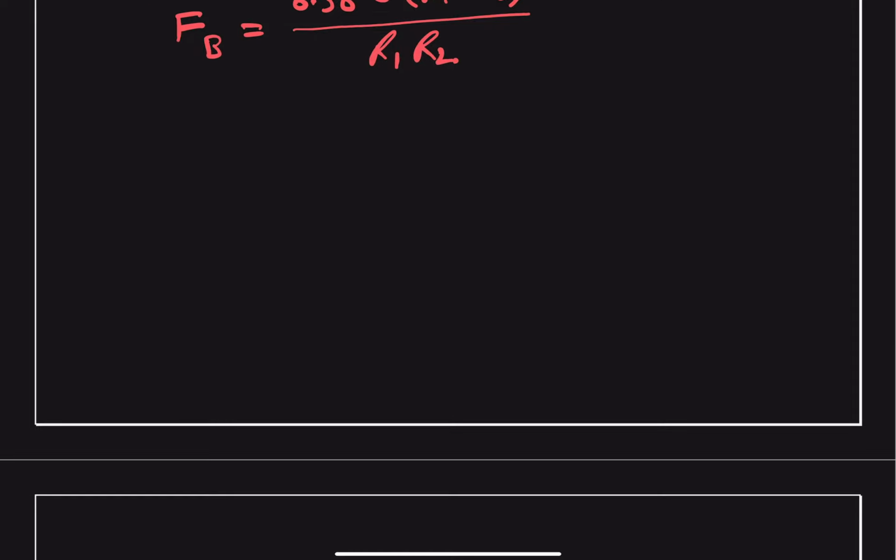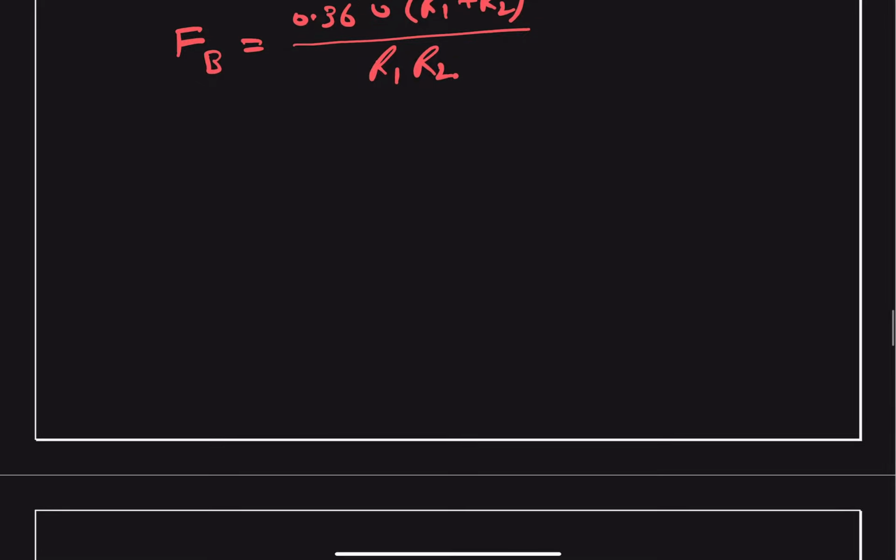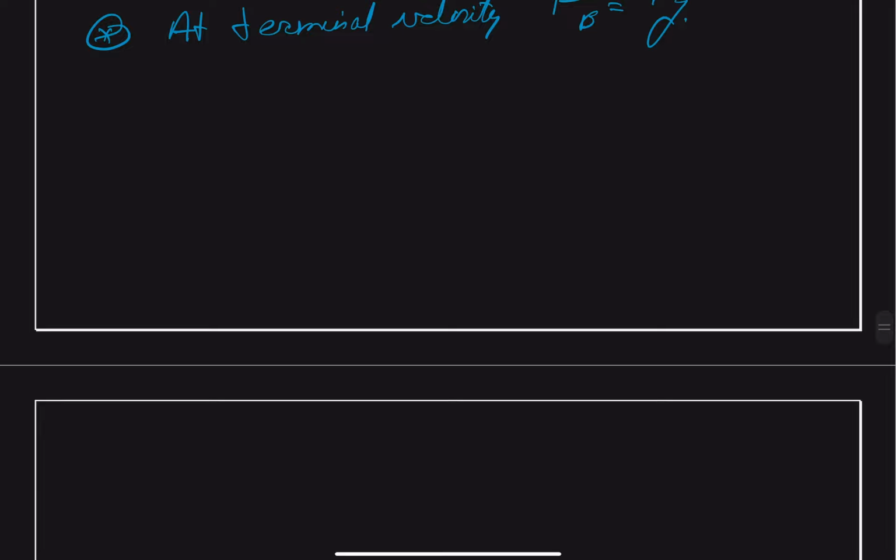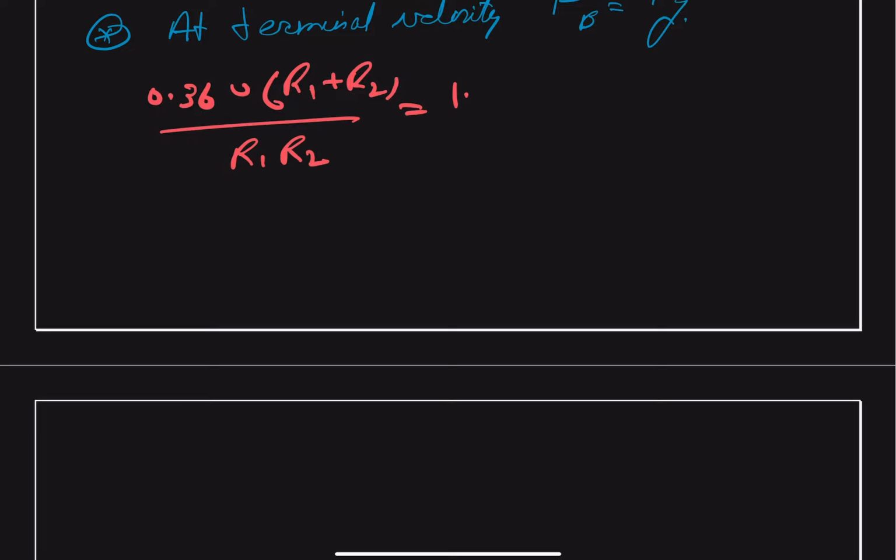And at terminal velocity, downward force will be equal to upward force, that is FB is equal to FG. We substitute the respective equations, and we get 0.36 V times R1 plus R2 divided by R1 R2 is equal to 1.96.